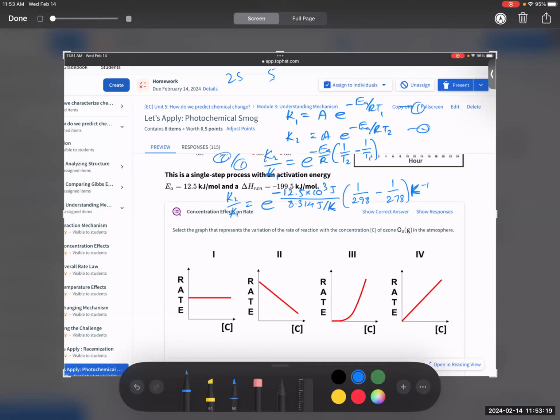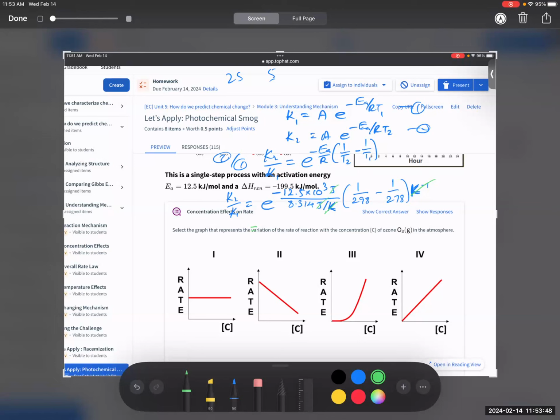Anyway, the K cancels out, the G cancels out. Again, we have this number over here. Let's do the temperature first, like we did before. Temperature-wise, we have 1 over 298 minus 1 over 278.